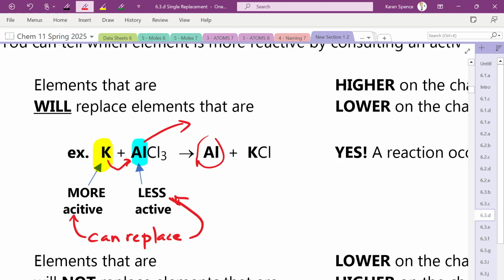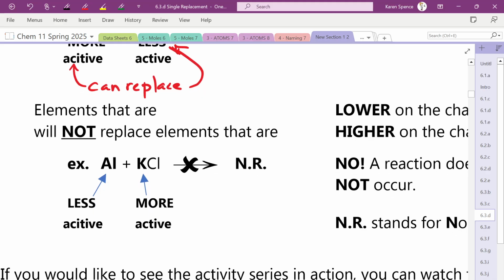Now, if aluminum is the element, less reactive, less active, it cannot replace. I'm sorry, I should have colored that blue. Less active cannot replace more active.